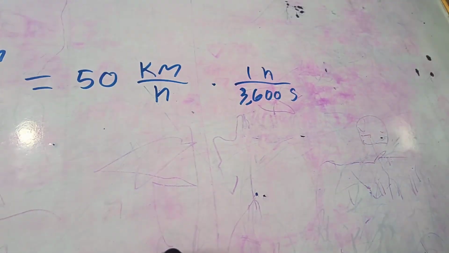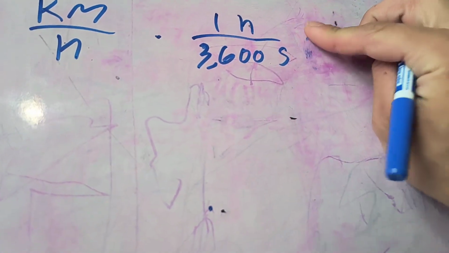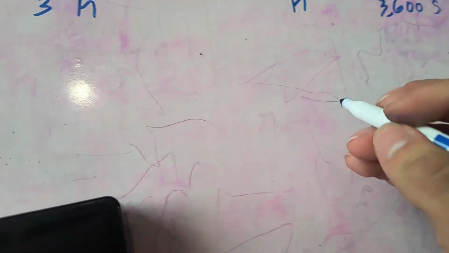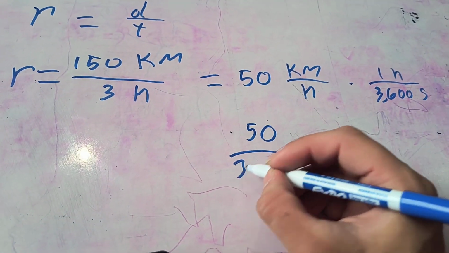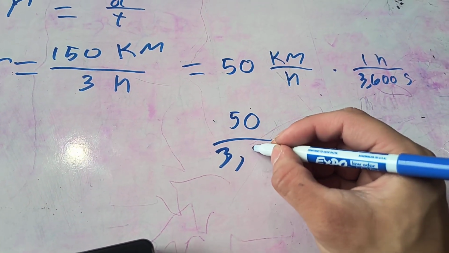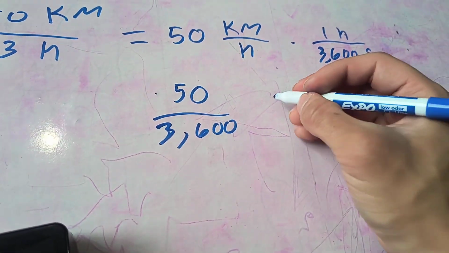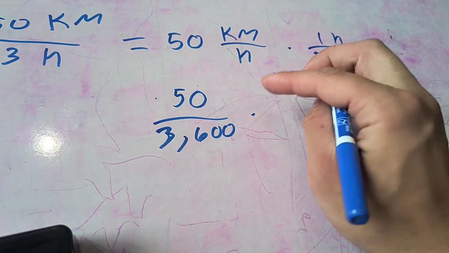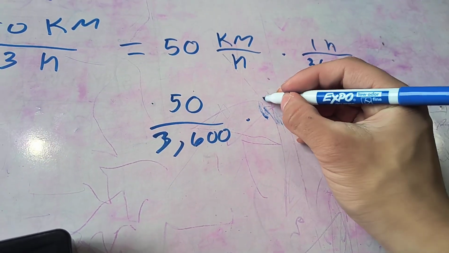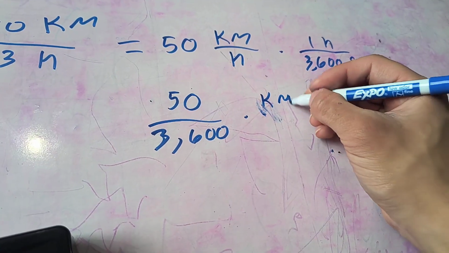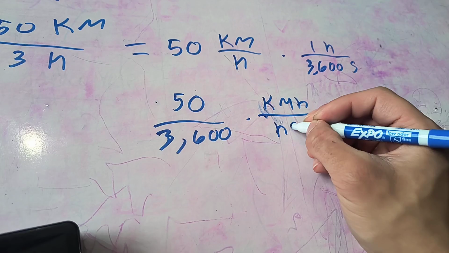And since we treat this algebraically, we multiply both sides. When we multiply this, we get 50 over 3,600, and we get the units km, hours over hours-seconds.